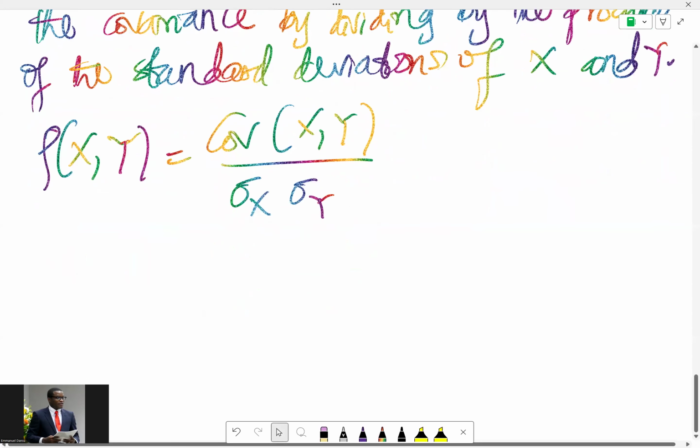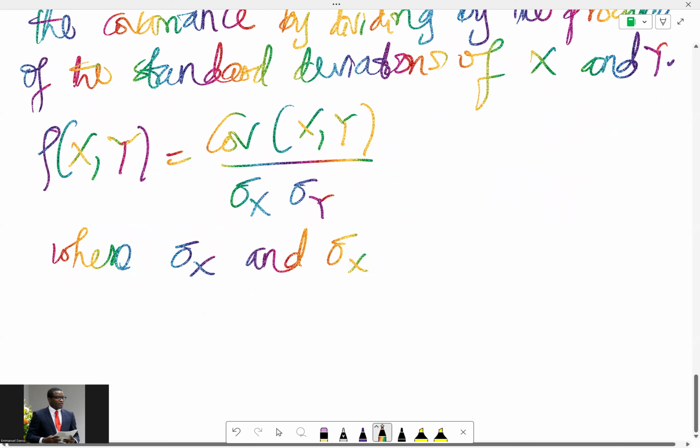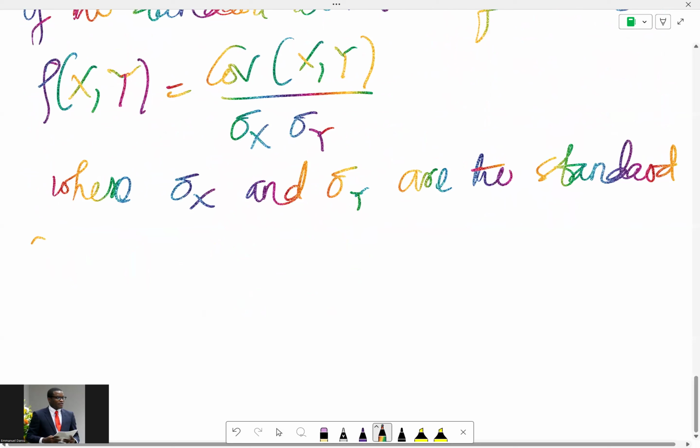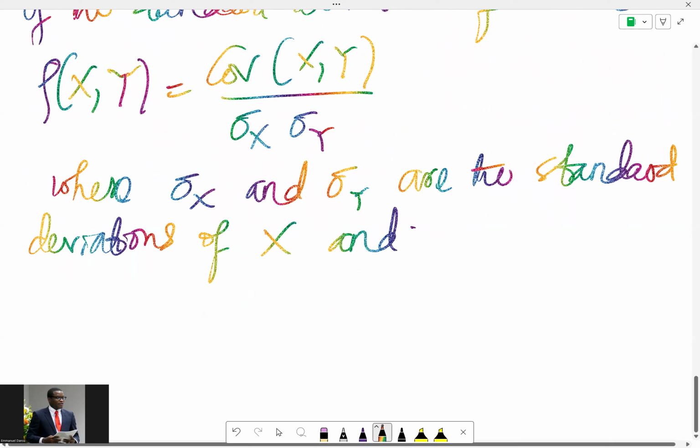As usual, sigma x and sigma y are the standard deviations of x and y respectively.